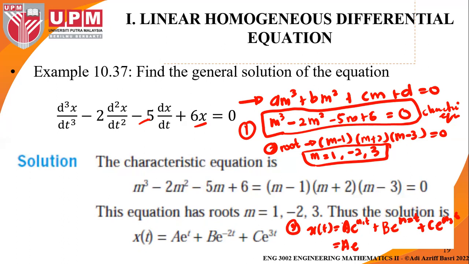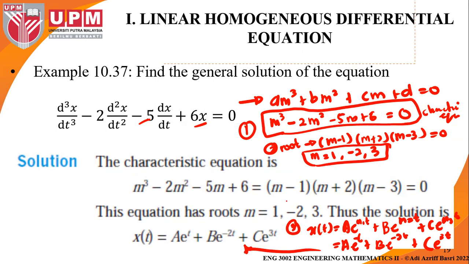What is m1? m1 is 1, so it becomes a e^t, plus b, what is your m2? m2 is negative 2, so it becomes negative 2t, plus c exponent 3t. This is your final solution of this answer.